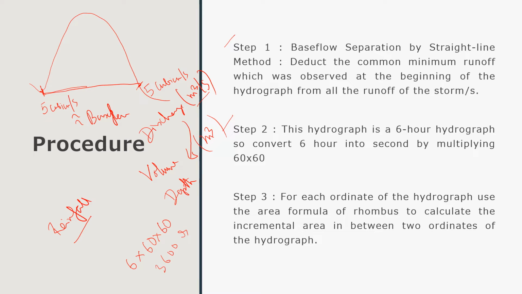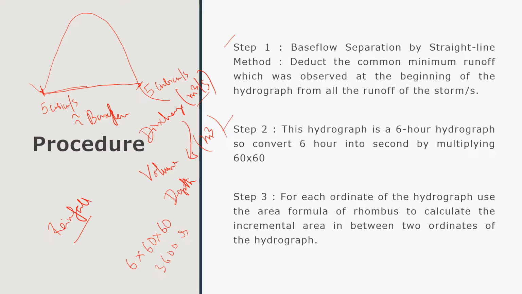If it were given in meter cube per minute, I could have multiplied only once, that means 6 into 60. But as it is given in seconds, I have to multiply by 60 twice with this 6 hours. And if the discharge is given in meter cube per hour, then it is very good. We do not have to convert at all. No multiplication required. Keep it as it is.